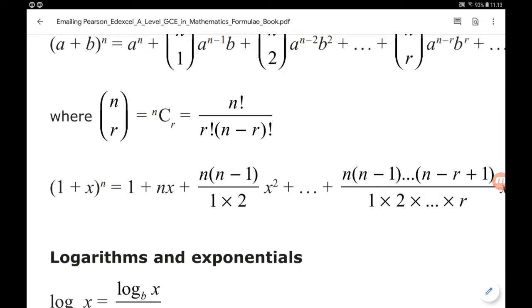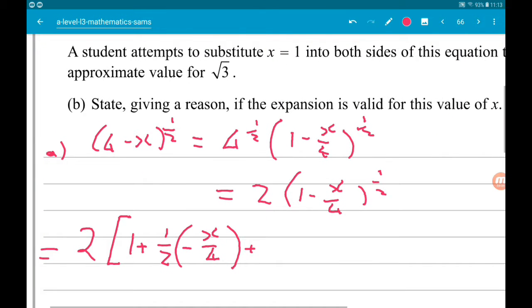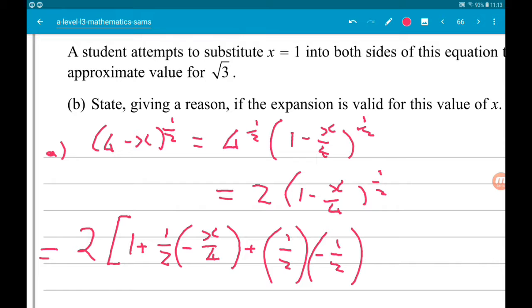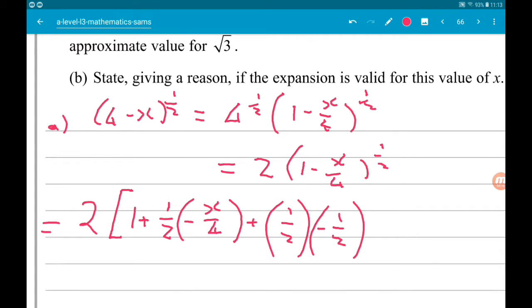So, we have add 1/2 times minus 1/2 times minus x over 4 squared over 2.